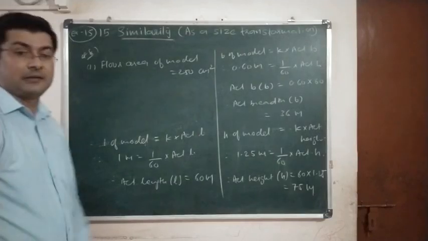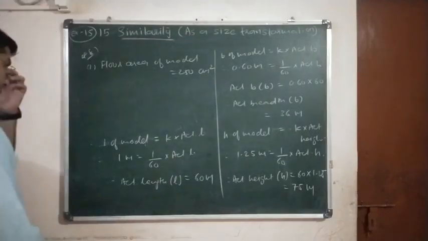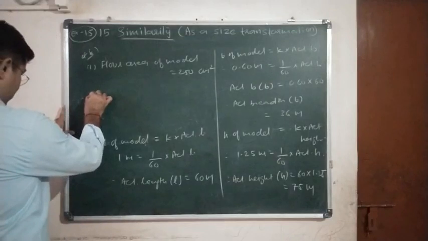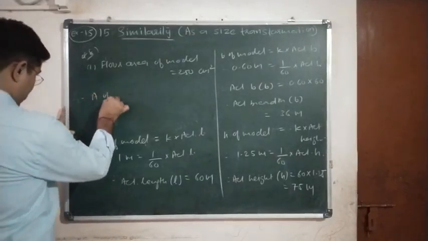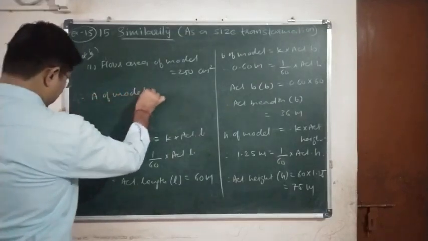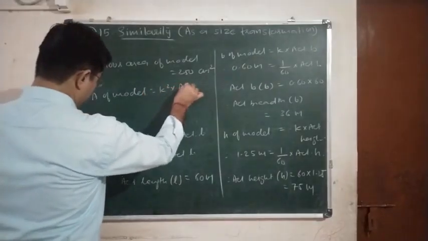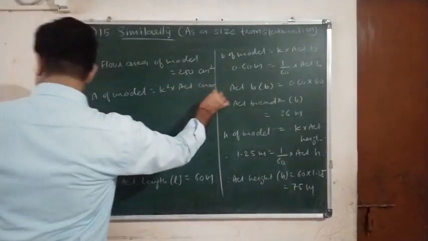So we have to find the actual area. We'll put the formula: area of model is equal to k square into actual area.